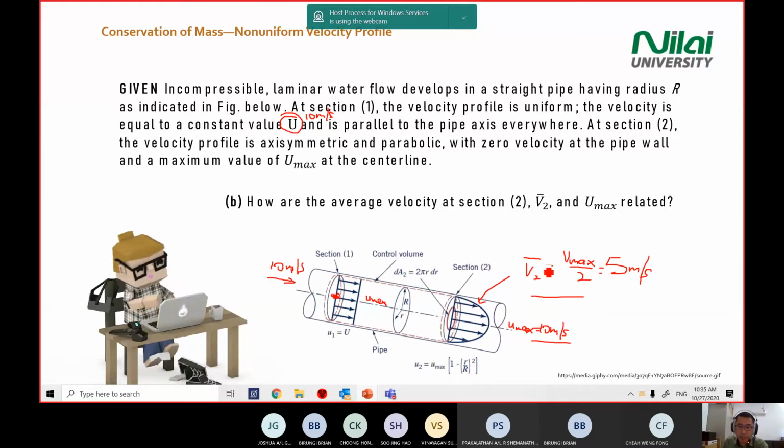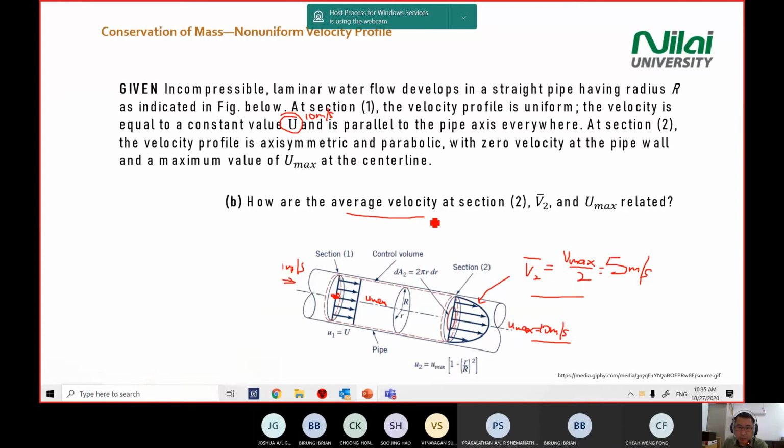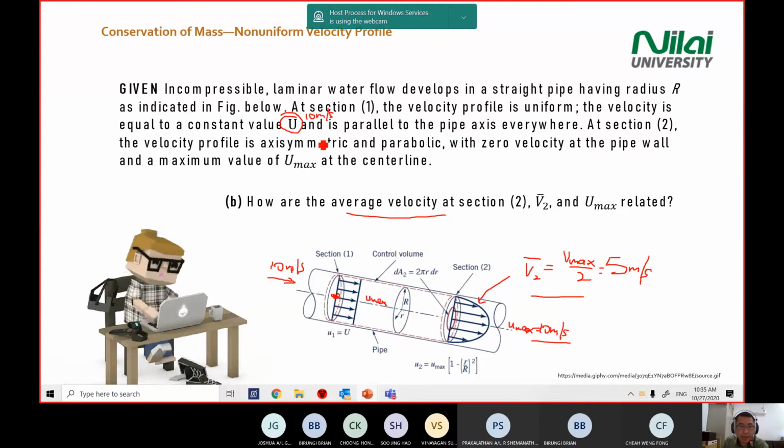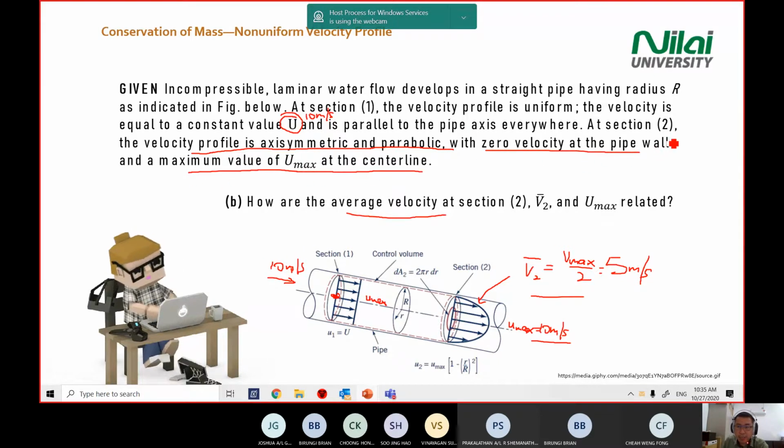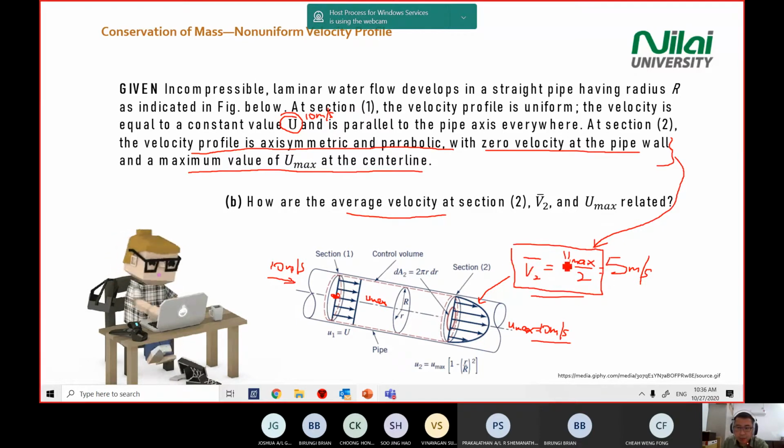If you use average velocity at section 2, where the velocity profile is axisymmetric and parabolic, with zero velocity at the pipe wall and maximum value Umax at the center line, when you see this kind of statement, straight away you can use this equation: average velocity equal to Umax divided by 2. Okay.